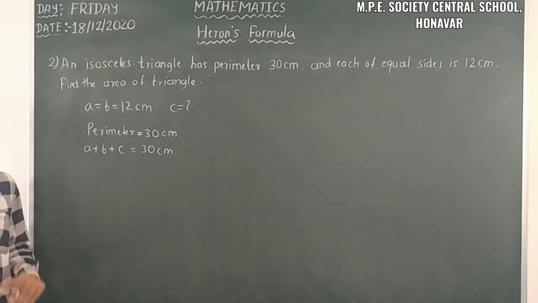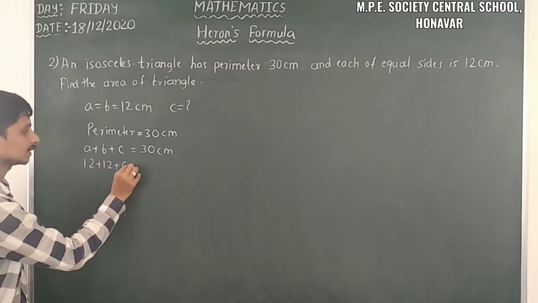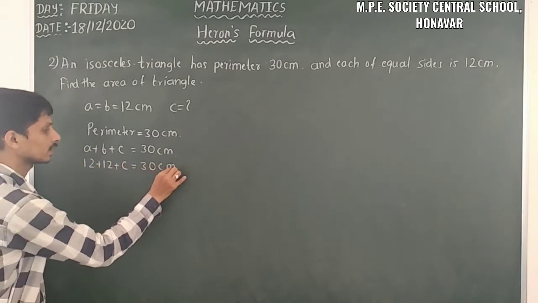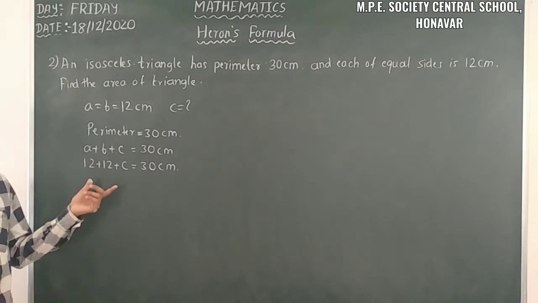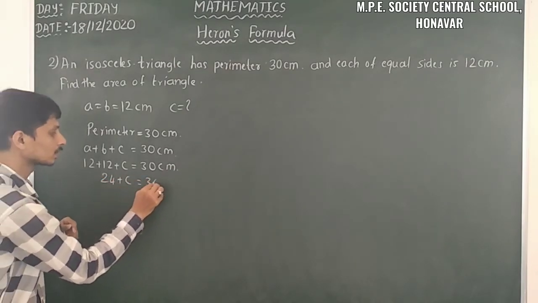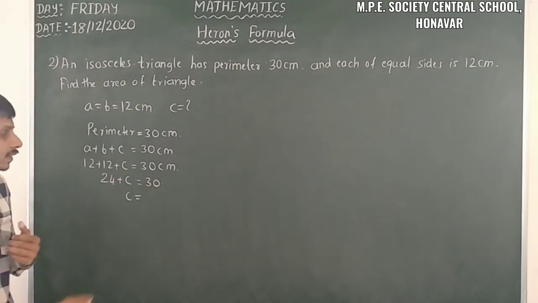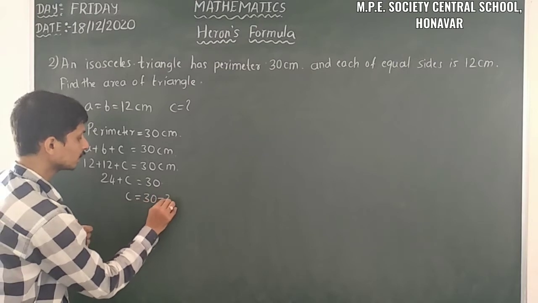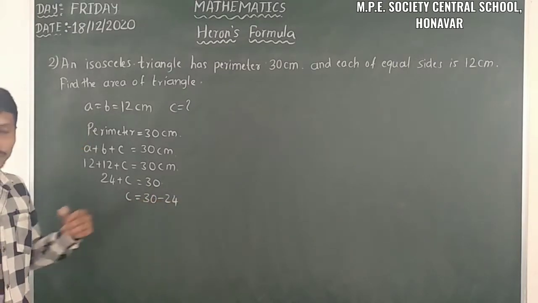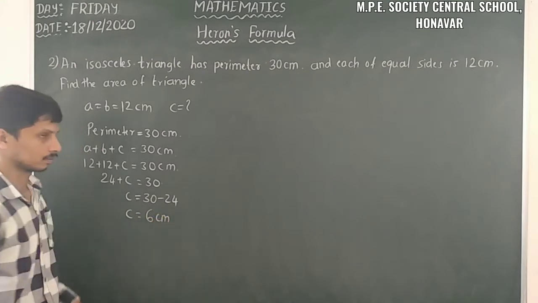Here A plus B, those two are the same. So 12 plus 12 means 24. 24 plus C is equal to 30. C is equal to, I will transfer this 24 to the RHS, it comes with the minus sign. 30 minus 24, C is equal to 6 centimeter.